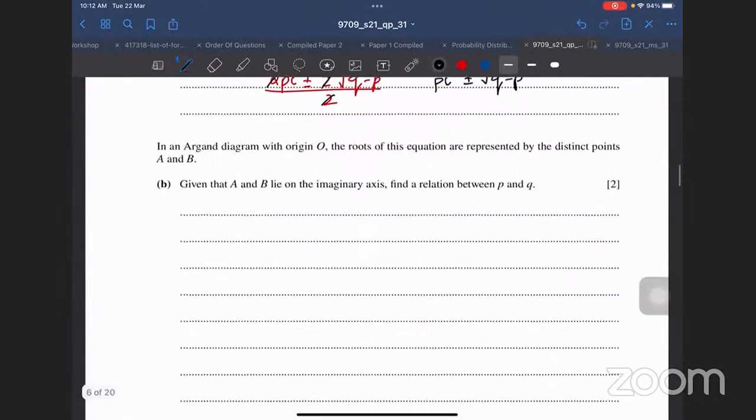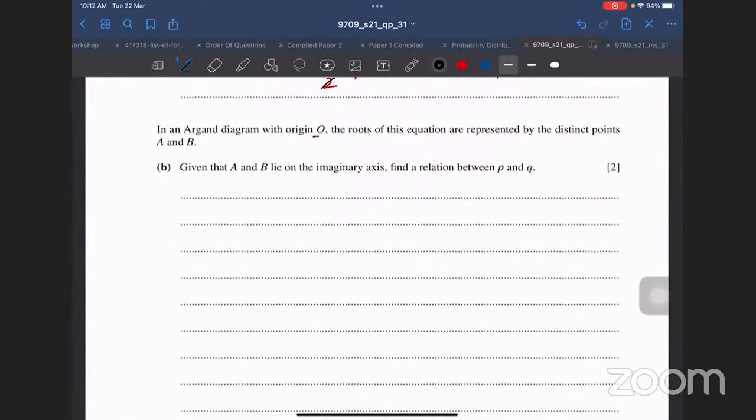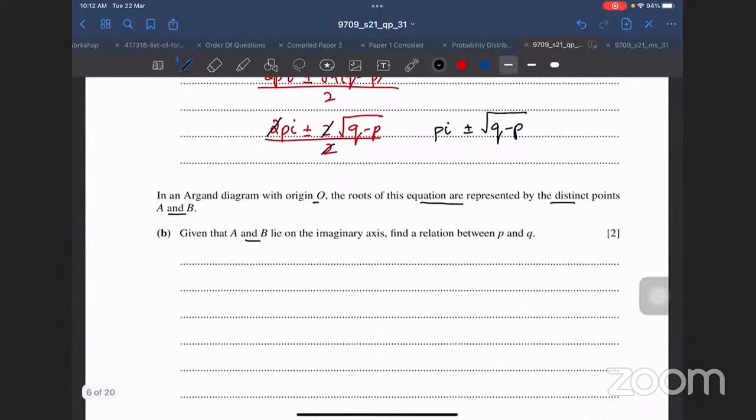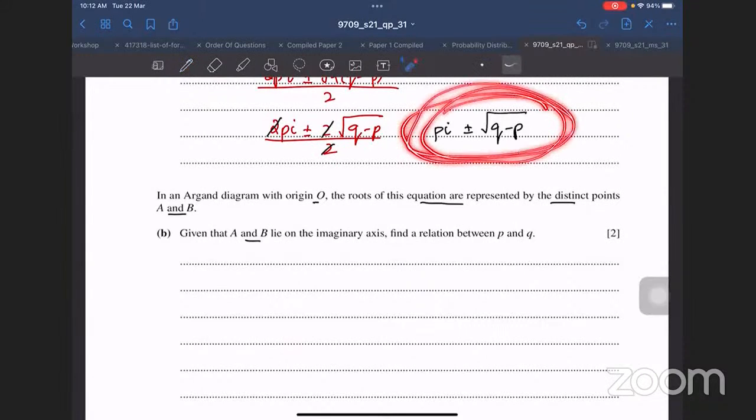Then it says in an Argand diagram with origin O, the roots of the equation are represented by their distinct points A and B. Given that A and B lie on the imaginary axis, which means that this entire expression is an imaginary number, which means that this is either 0 or less than 0.